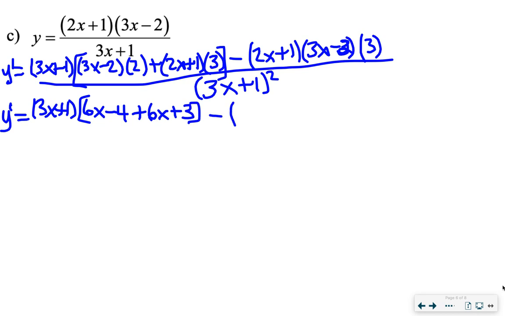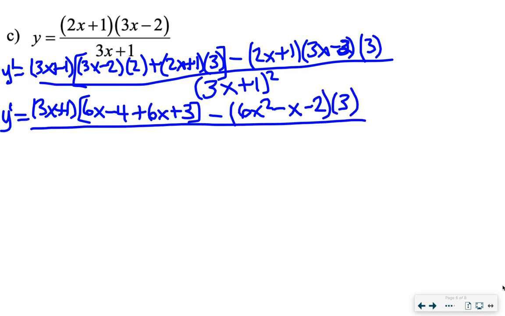And let's expand these ones, all over. We're not going to expand that bottom bracket though, because we know what it factors to already. It's already factored for us.